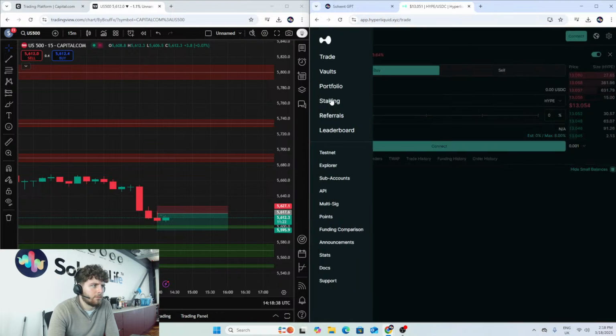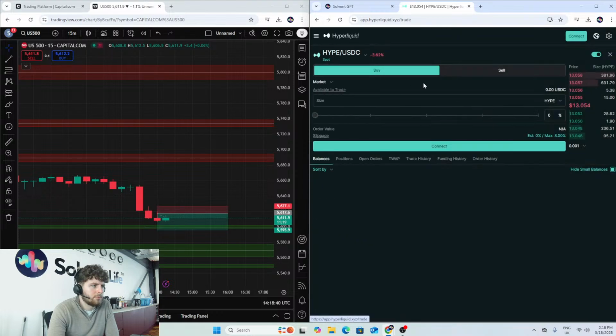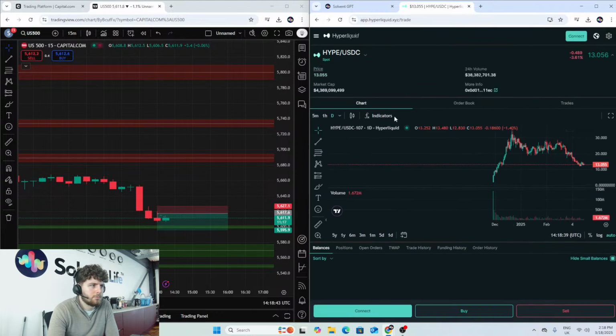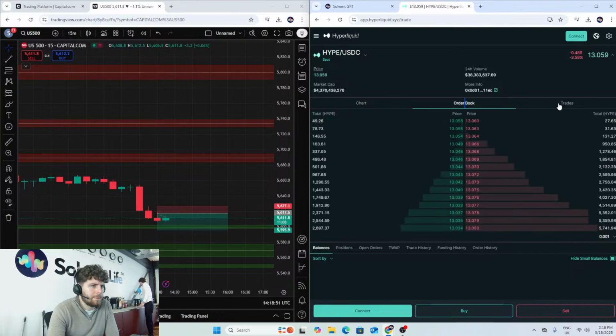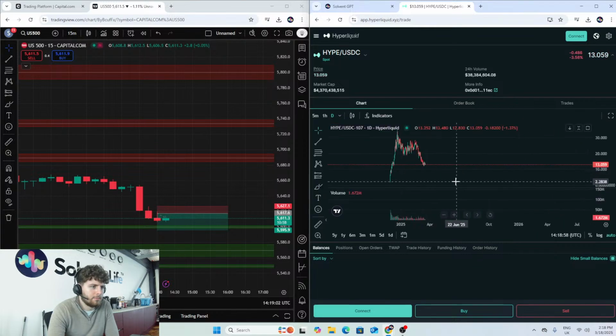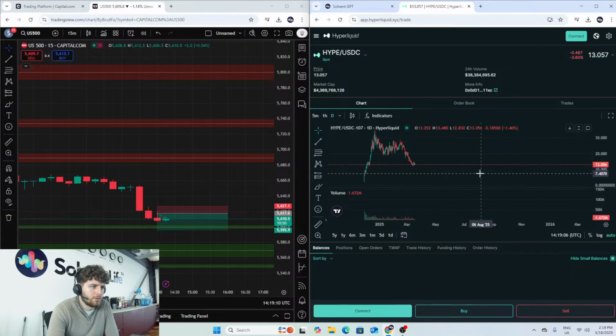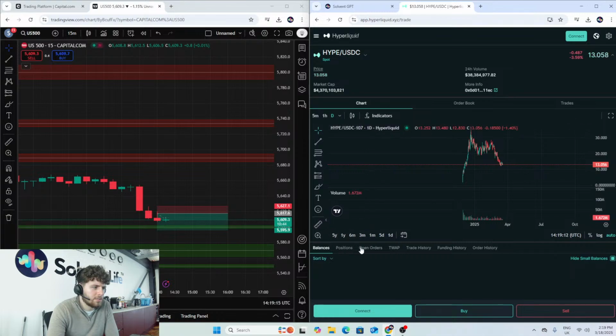Very interesting. So it'll be interesting to see what happens in the near future, especially with Hyperliquid. How are they performing? Currently around $13. All-time high of 33. Very interesting. So we'll see how they perform over the next couple of weeks.